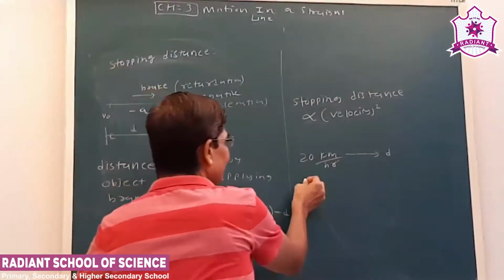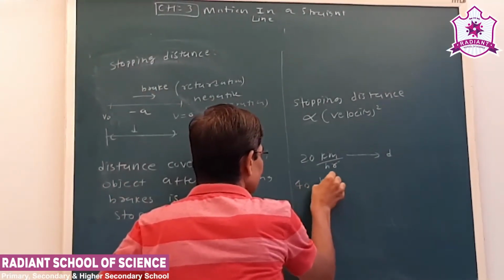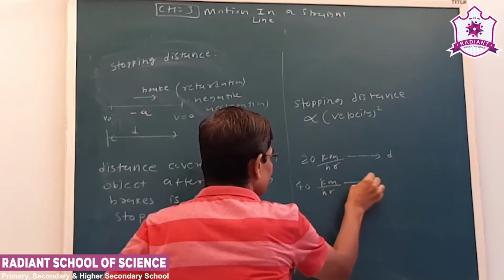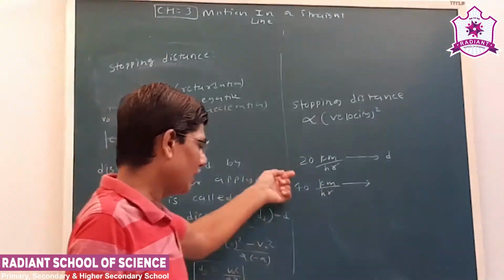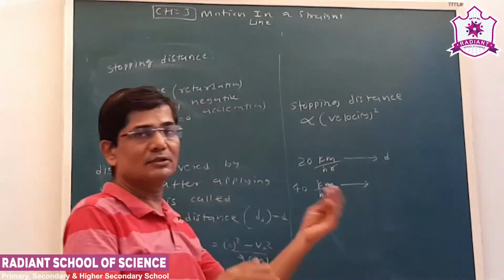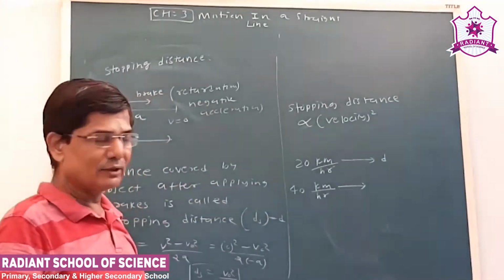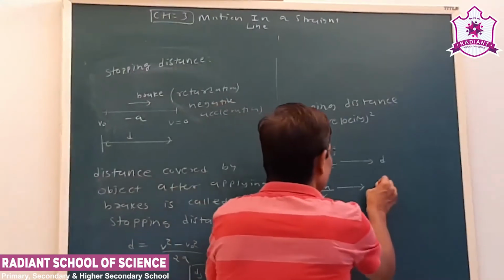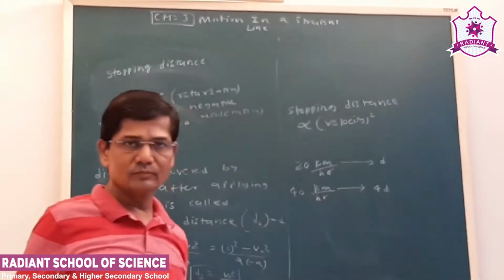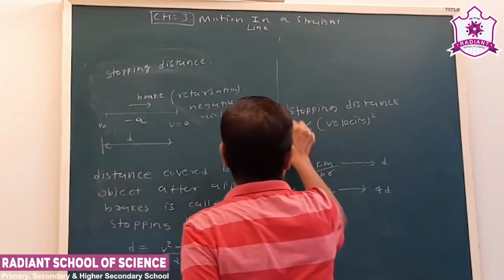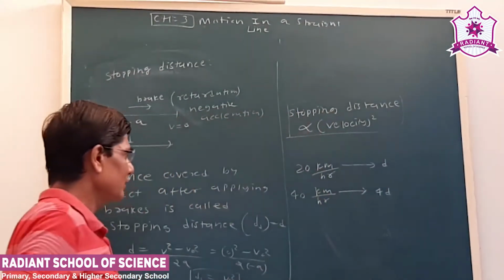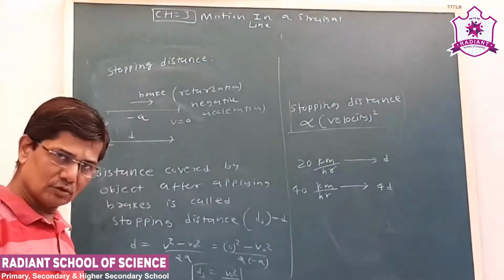But suppose the same vehicle moves at double that velocity. Now we have seen the stopping distance is proportional to the square of the velocity, so if I take the ratio, there will be 2, and the square of this will be 4. So the distance covered will be 4 times. This is important for the MCQ part. We have to keep in mind that stopping distance is proportional to the square of the velocity.